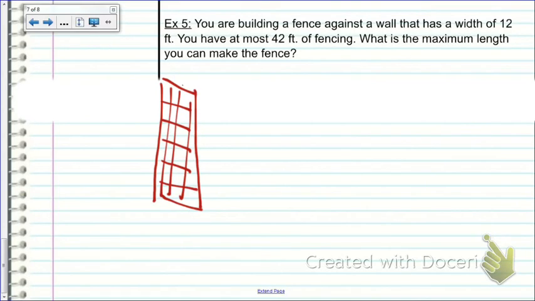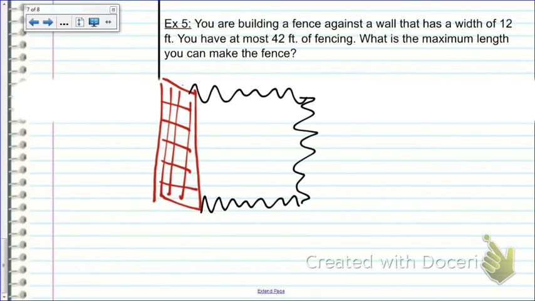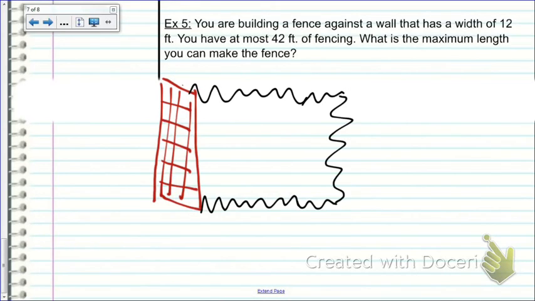If I was saying against this wall right here, I wanted to build a fence, so I'm going to use part of the wall as my side. So my fence is actually only going to be covering 3 sides of it, right? And we can assume, actually let's make it a little longer. We can assume that this width is the same width as the wall. So this is 12.